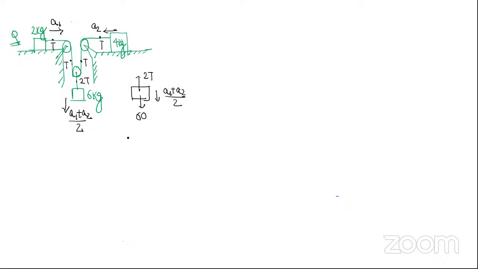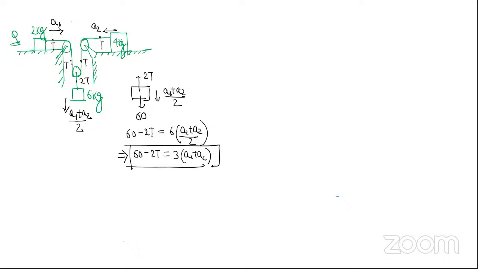So the equation for this becomes 60 minus 2T equal to M into A, that comes out to be 60 minus 2T equal to 3 into A1 plus A2. This is one equation. Now for the 2 kg block, I am not drawing again, I am directly writing. T will be equal to 2 into A1.